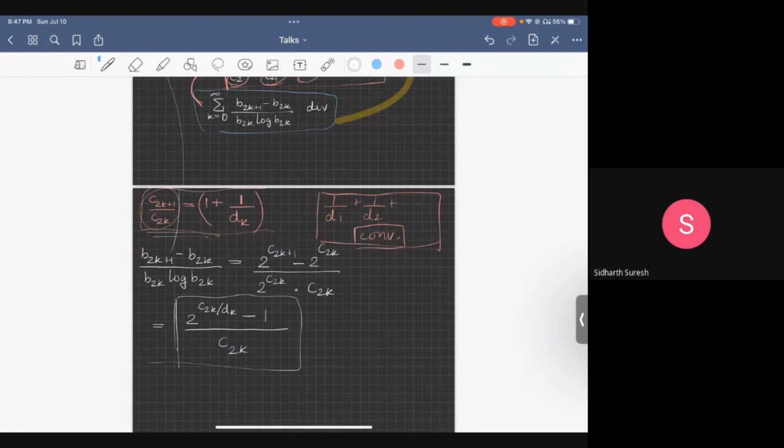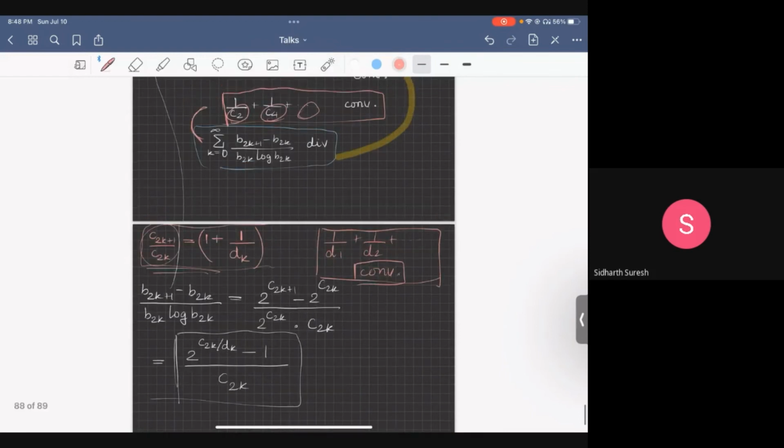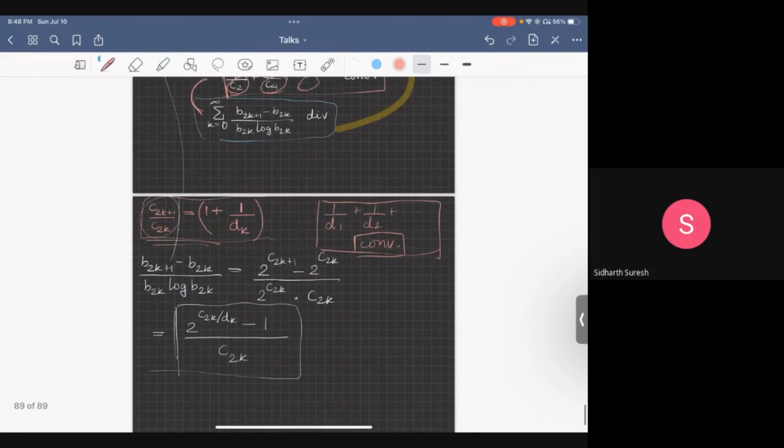And then this is definite: c2k equals k squared and dk equals k to the 1 plus epsilon should work. Why does this work? Because if I take c2k to be k squared and dk to be k raised to 1 plus epsilon, then what is this equal to?